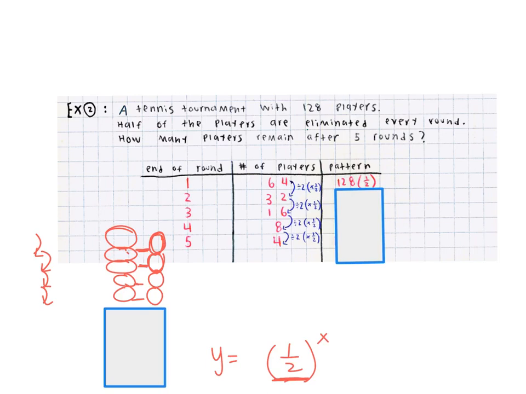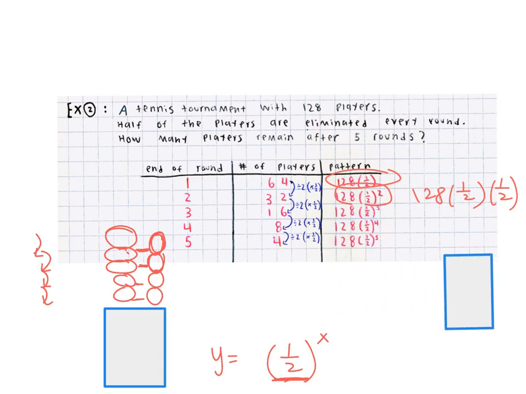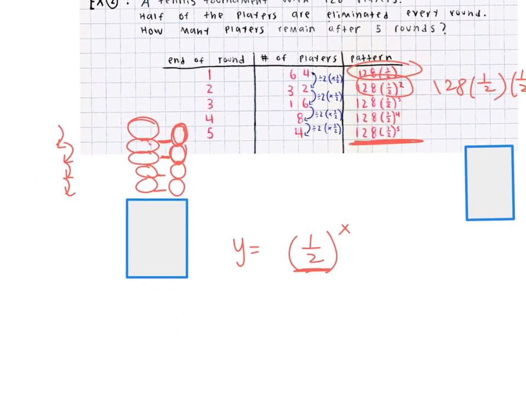And the way we got 32 was halving that, which is going to be 128 times a half squared, because it's 128 times a half, which is this step right here, but then we have to multiply by another half. And if we keep going, you're going to notice this is the pattern that we get. So 128 is how much we started with, and then we multiply by half for every time period.